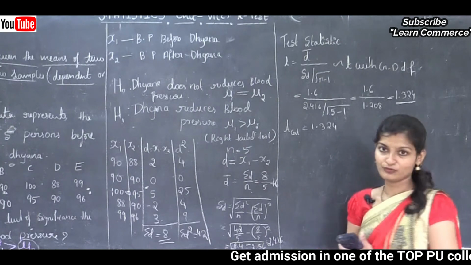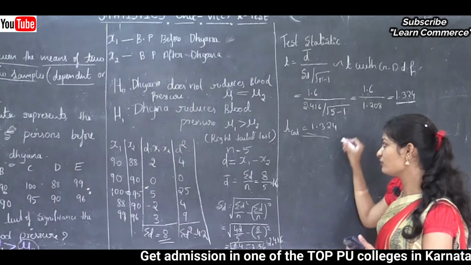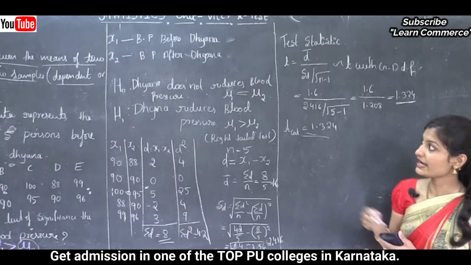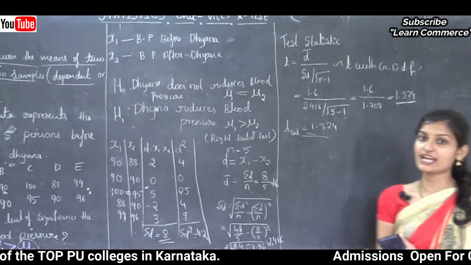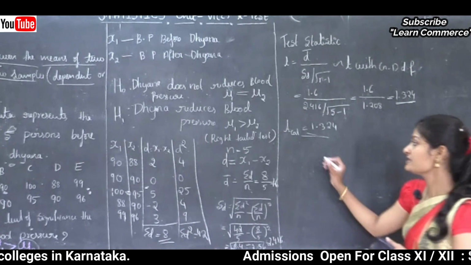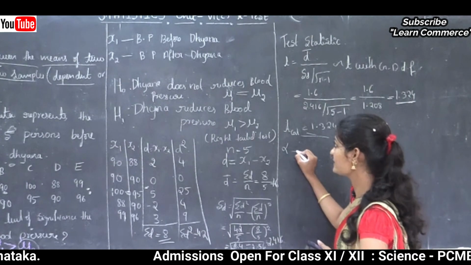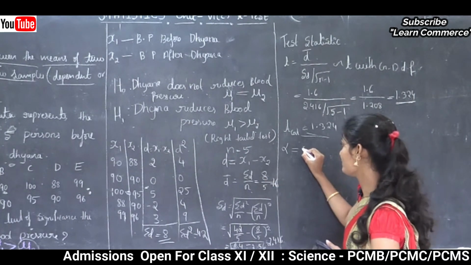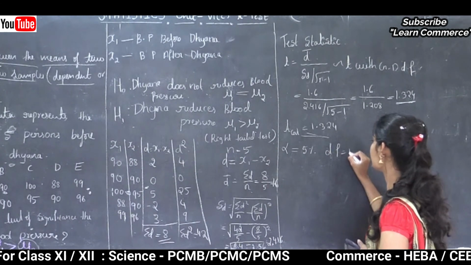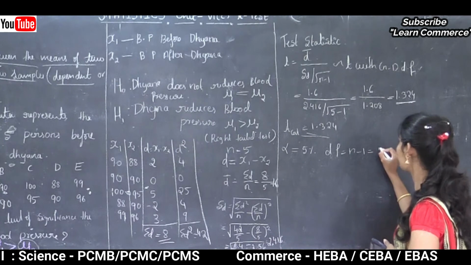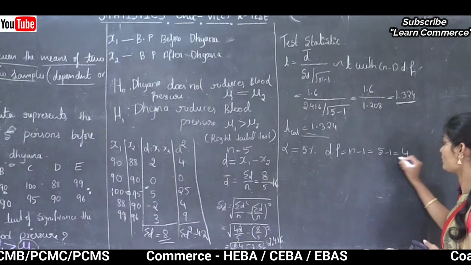Next, step 4. Using alpha and based on the alternative hypothesis we can find the critical value. Here alpha, the level of significance, is given as 5%, and the degrees of freedom is n minus 1. Here n is 5, so 5 minus 1 is 4.